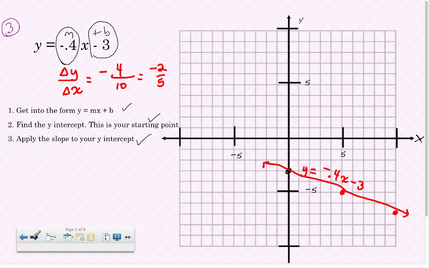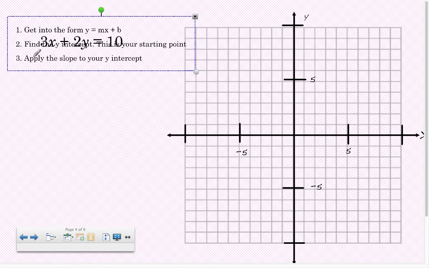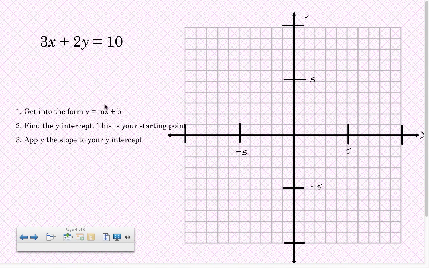All right, this is not bad until I get to this. Get into the form y equals mx plus b. Well, this is definitely not the form y equals mx plus b. That means I have to get my y alone. So we've got to do some rearranging here. Okay, 2y equals, I'll bring this 3x over, and when I bring it over to the other side, it becomes negative.